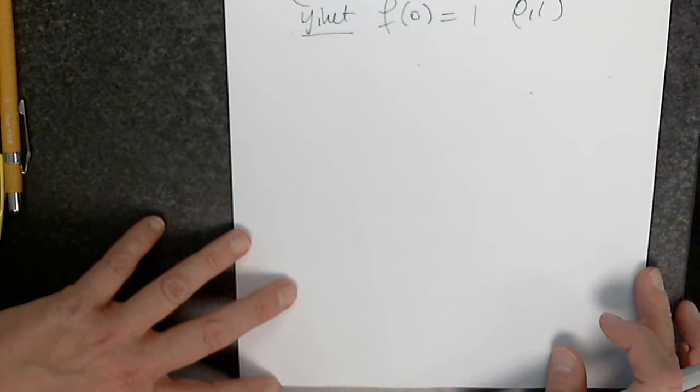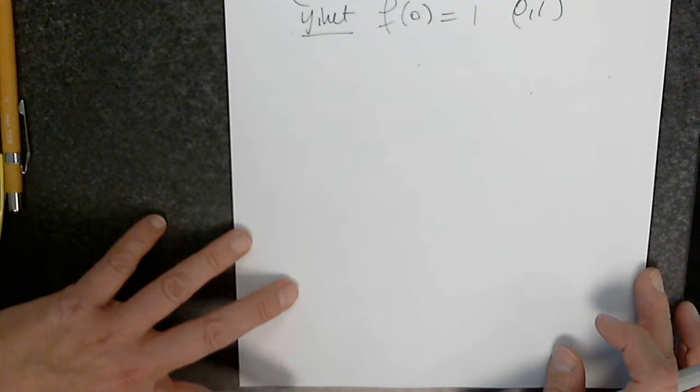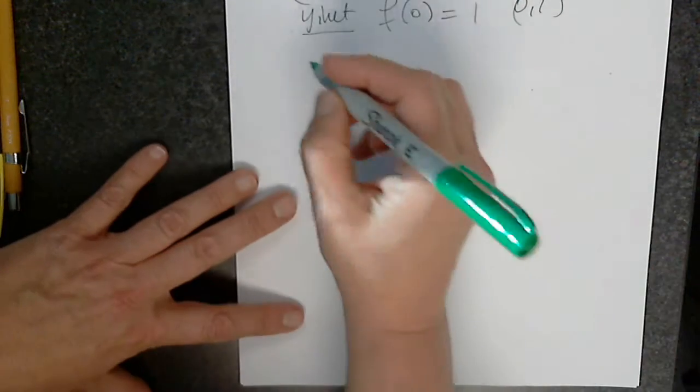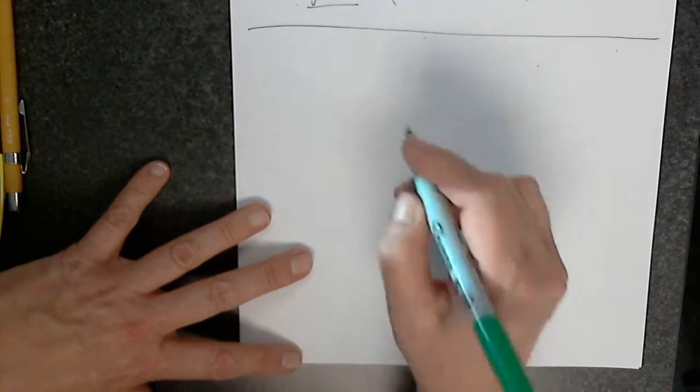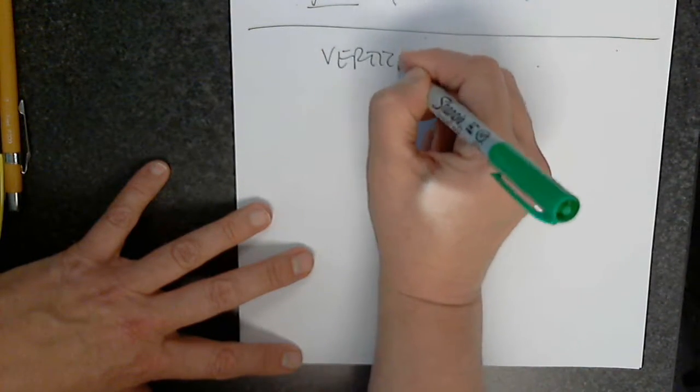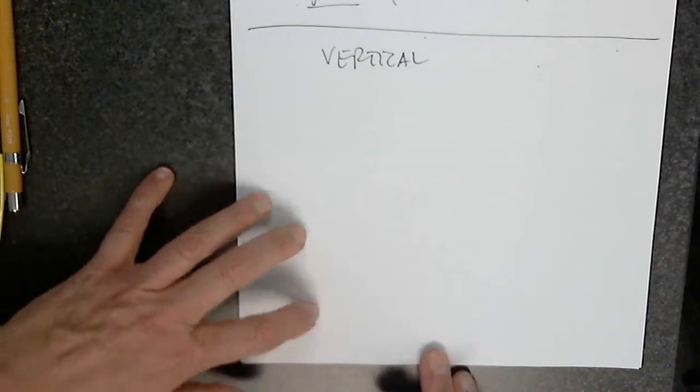One will appear to be self-explanatory, the other one not at all. But I'm going to try to make it as simple as possible so we understand what's happening. So we're going to talk about vertical stretching and shrinking.